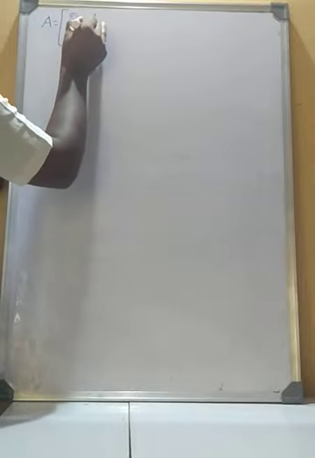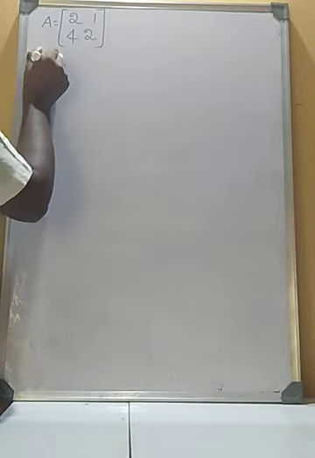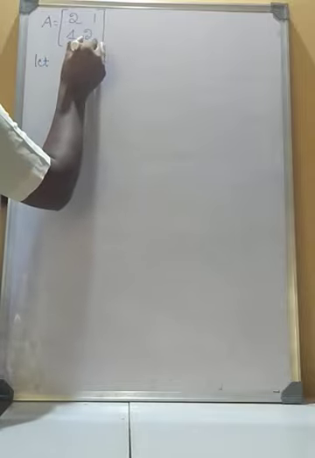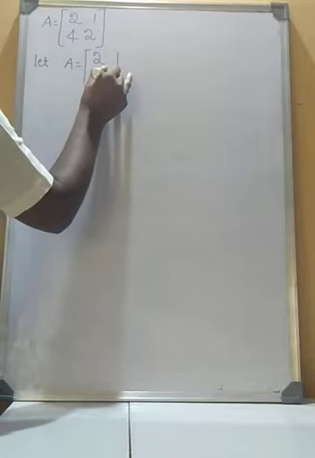One more example: using elementary operations, find the inverse of the matrix A. Matrix A is equal to [2 1; 4 2]. Find the inverse of matrix A. So let A be equal to [2 1; 4 2].